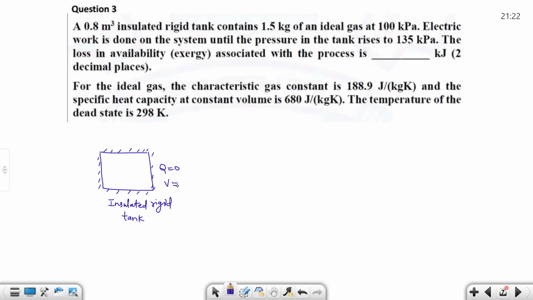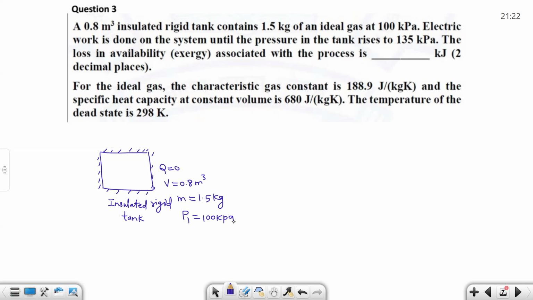Volume will be 0.8 meter cube. Mass inside the tank is 1.5 kg at a pressure of 100 kPa.